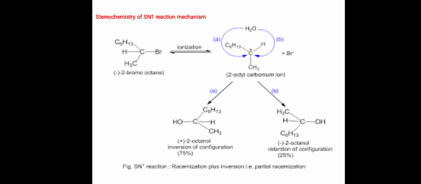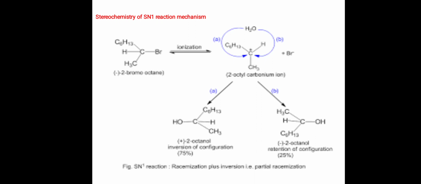It has a planar structure, meaning the carbocation carbon atom has sp2 hybridization with 120 degree angles. The nucleophile can be added either on the front side of the plane or the back side. The planar carbocation can be attacked by the nucleophile from either the front side or the back side.